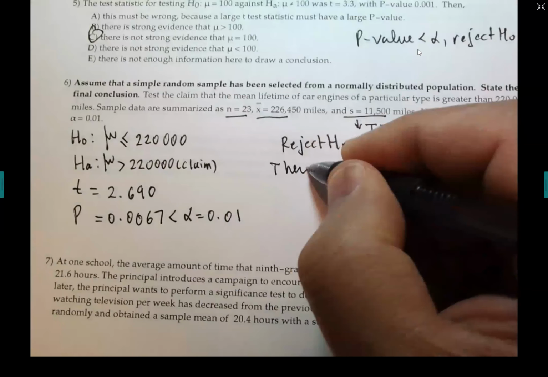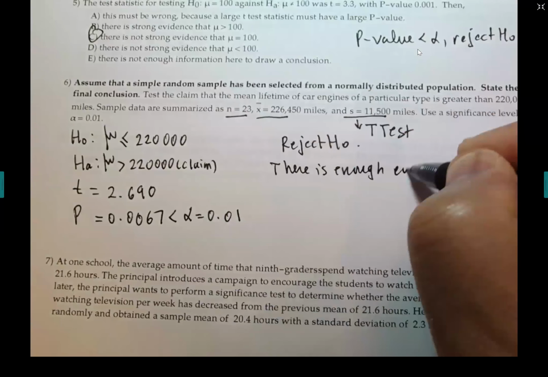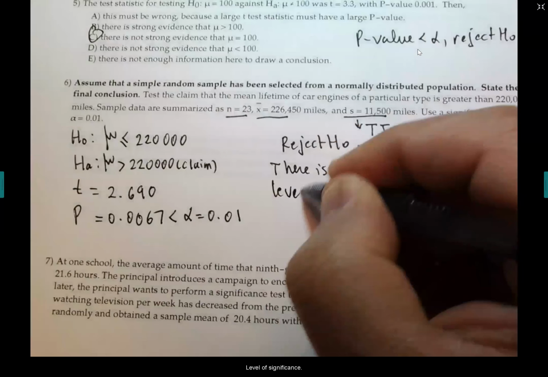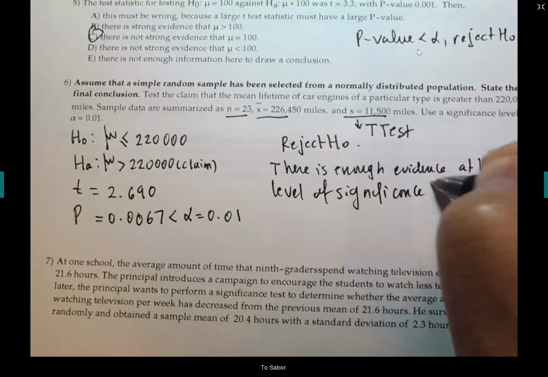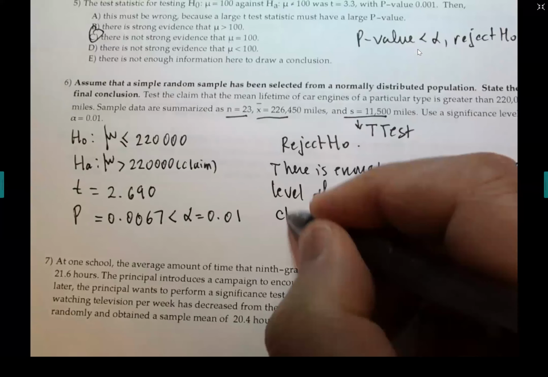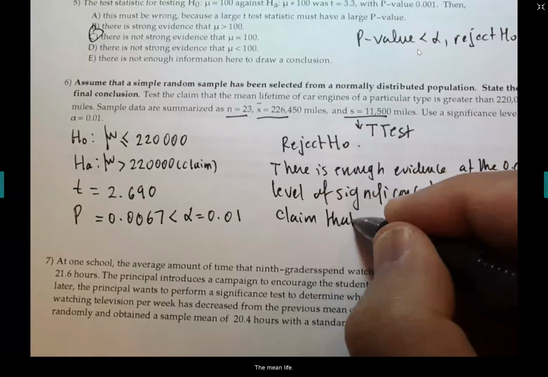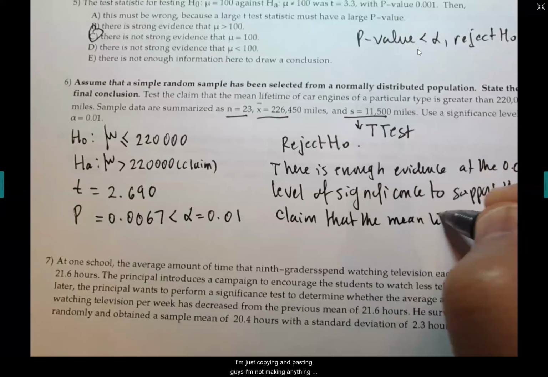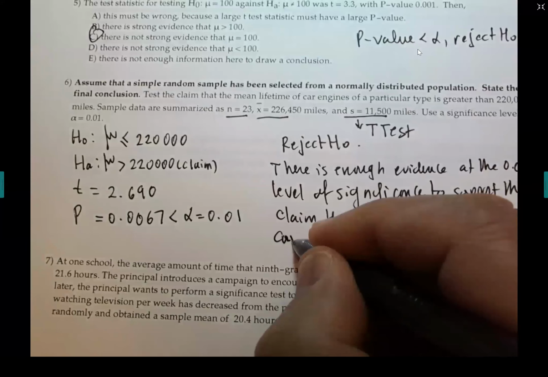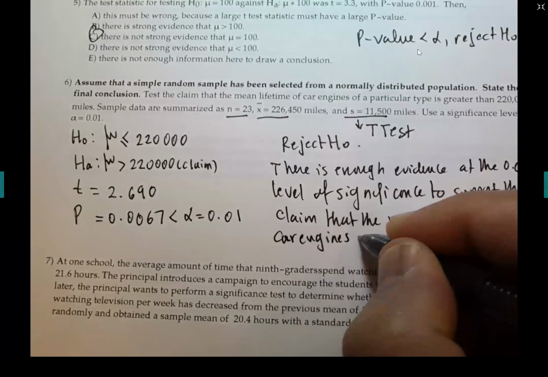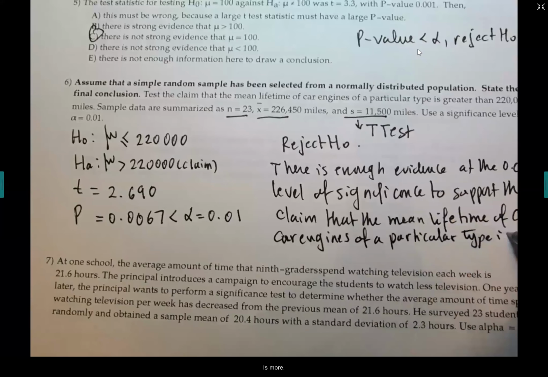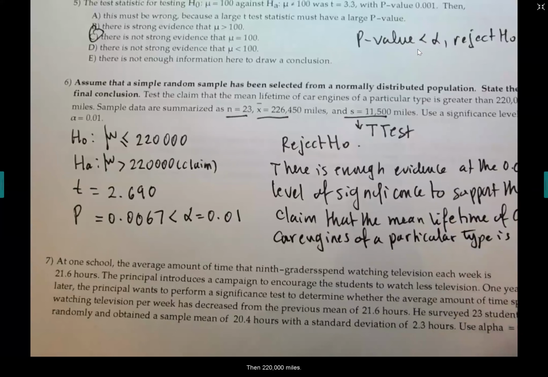As simple as that. There is enough evidence at the 0.01 level of significance to support the claim that the mean lifetime of car engines of a particular type is more than 220,000 miles.